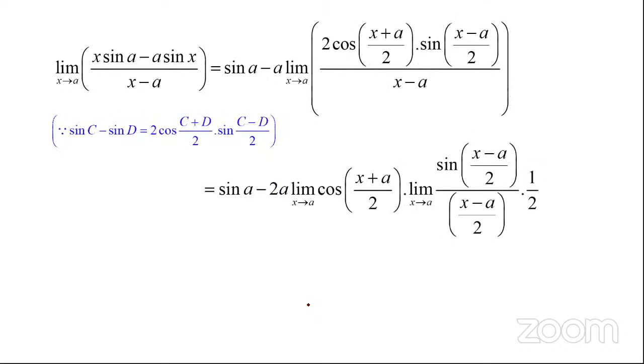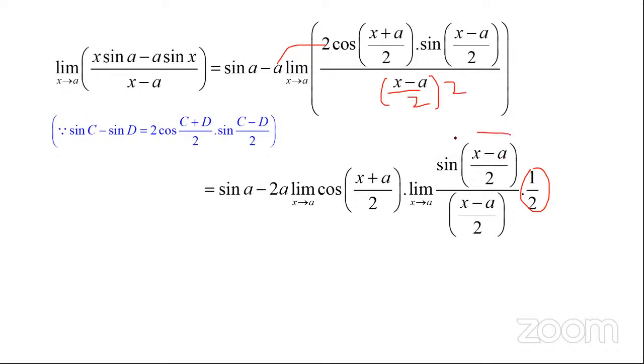Then you will get sin a minus 2a of limit; this value cos I write outside the limit, then cos of (x plus a) by 2 limit this value. I'm multiplying and dividing with 2 here, since from the numerator we have 2. Then I can write this 1 by 2 outside.